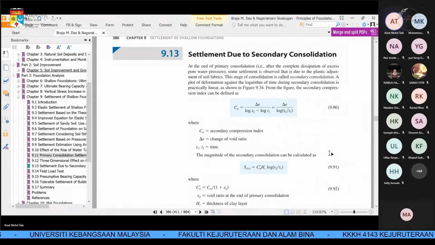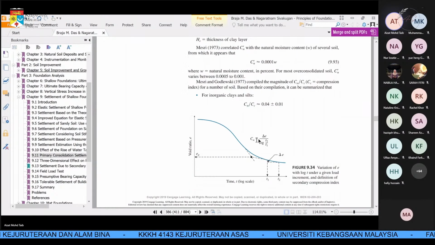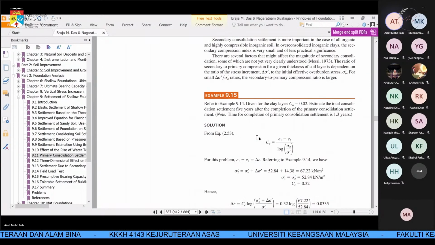Alright. I'm just trying to share the consolidation settlement, but the primary and secondary is quite complex. I've shared the theory for this one. Let's see this one. Estimate the total consolidation settlement 5 years after the completion of the primary consolidation settlement.